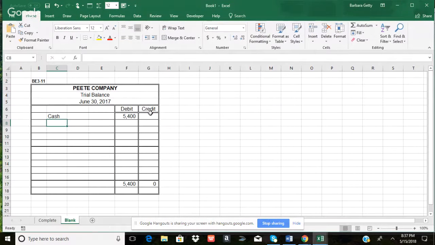The first debits I chose to put down from the ledger as they would be listed is the cash, the accounts receivable, and that was $3,000. And then the last one, as far as the debit, was the accounts receivable.